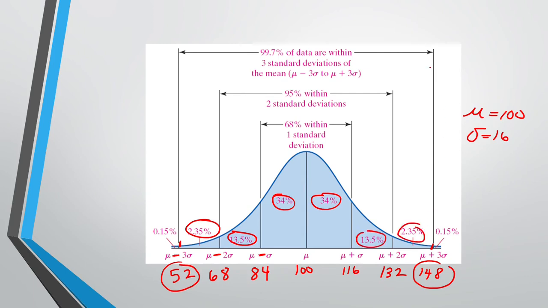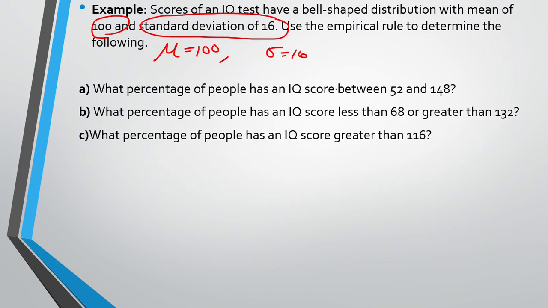The top here adds the entire region for me. So I know part A, the answer is 99.7%. Now we know that 99.7% of individuals have an IQ score between 52 and 148.